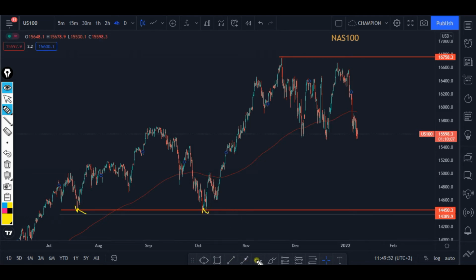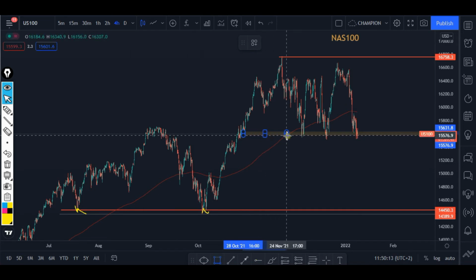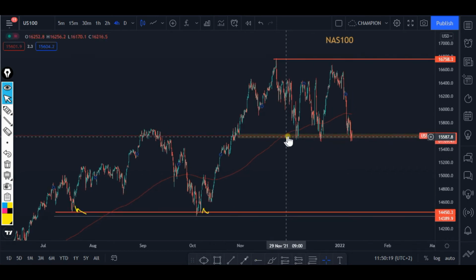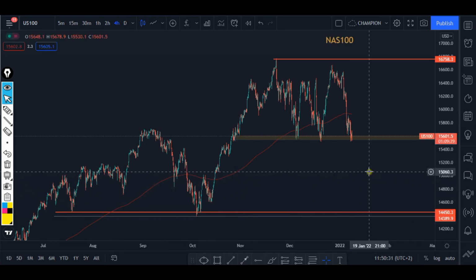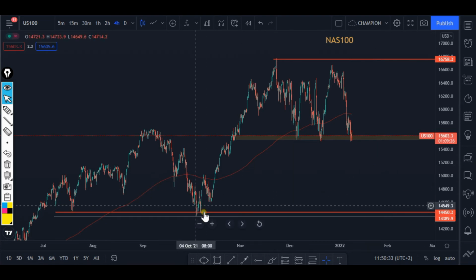And as I'm thinking of the next peak zone, peak point, you can see that we have something similar. Allow me to use the rectangle so that you can see it very clearly. You can see that we have something similar to the lowest peaks that I have drawn down here.